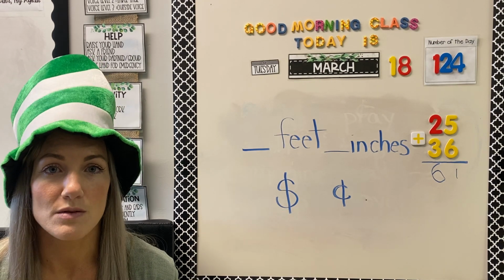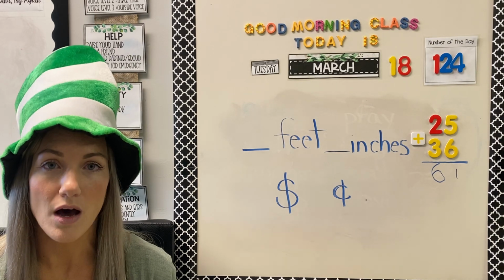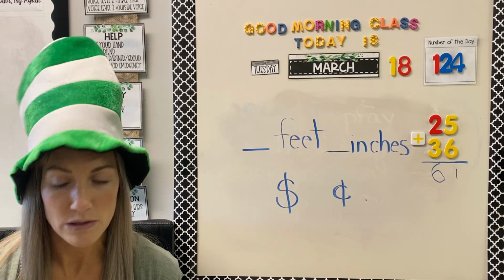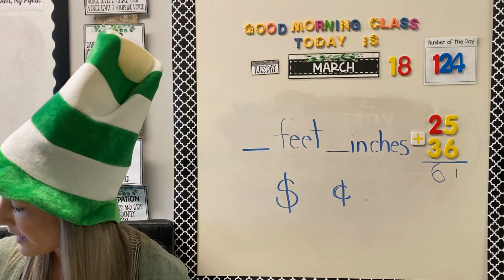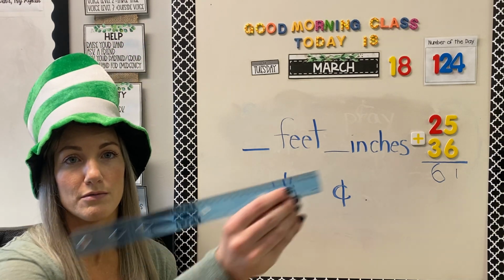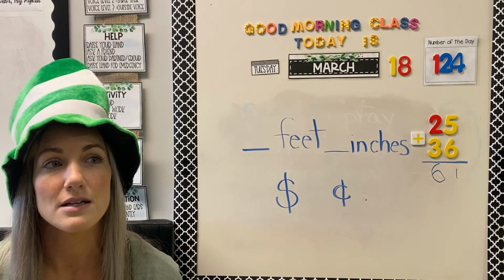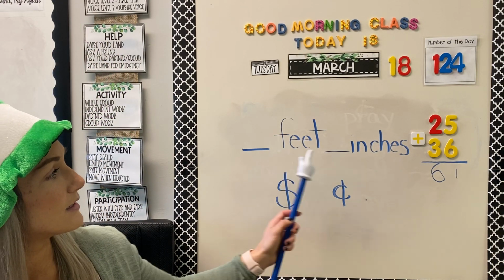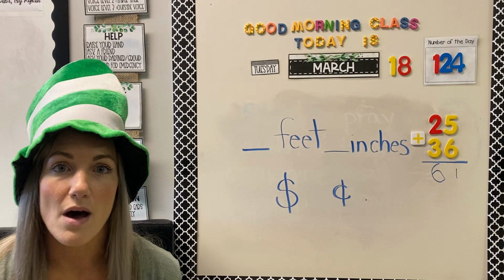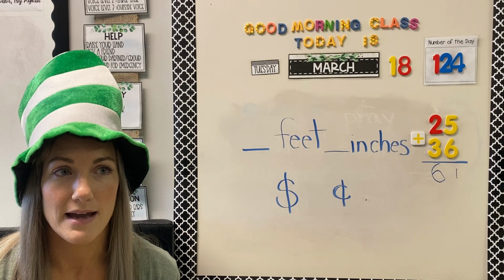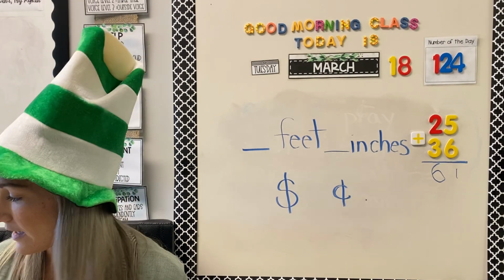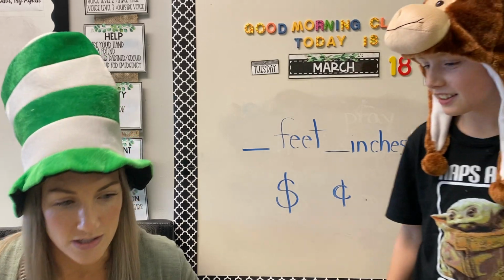We use feet when we are measuring how tall someone is, because it would be a lot of work to measure how tall I am with this small ruler. So I'm going to get my assistant to come back and we're going to practice measuring him in feet and inches.